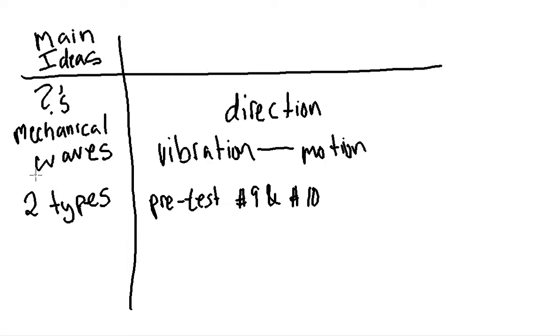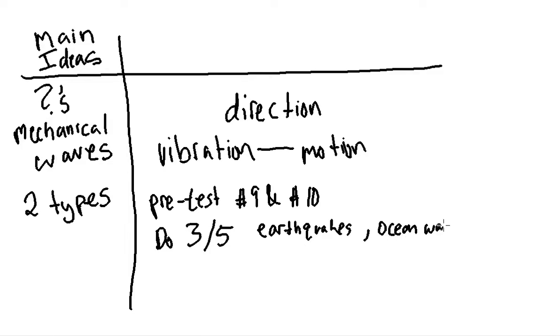Also on your do now from March 5th, a lot of you gave me the names of these two different types of mechanical waves, and you failed to give me examples. The type of examples I was looking for were earthquakes, ocean waves or water waves, two things we should be familiar with in San Francisco.